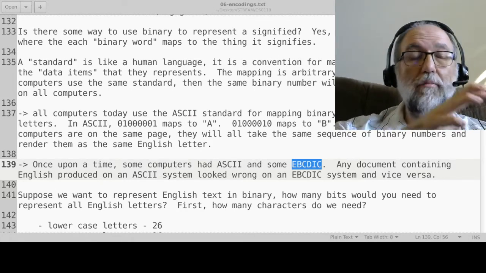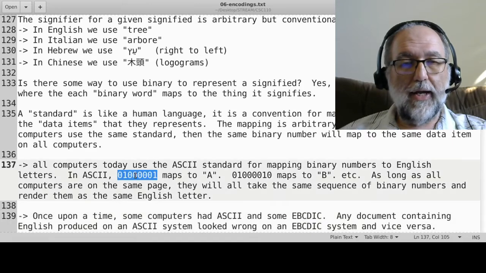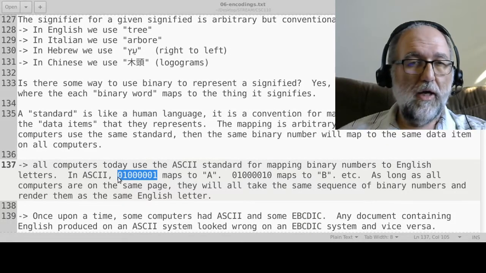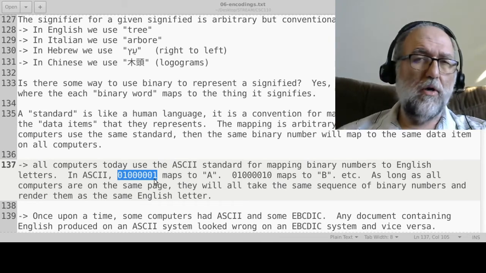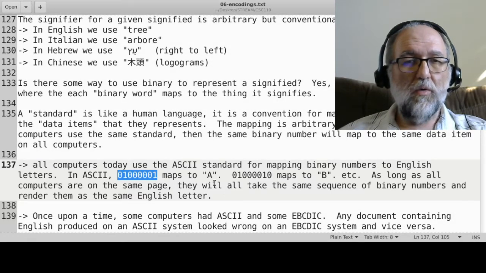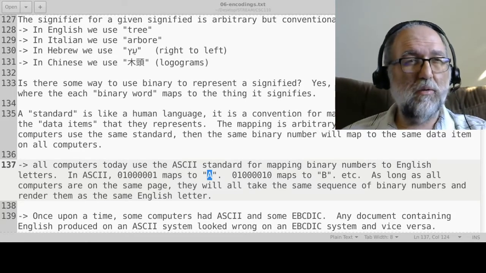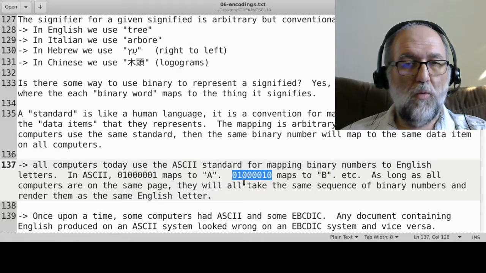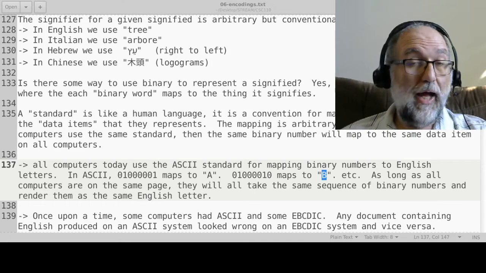That's because what looked like an A on one computer did not look like an A on another computer. Nowadays, and we're going to look a little bit at ASCII in a second, this sequence of ones and zeros, 0, 1, 0, 0, 0, 0, 0, 1, means the letter capital A. Every computer in the world today that sees this particular sequence will say, oh, I'm supposed to draw the letter A. And if it sees this other sequence, 0, 1, 0, 0, 0, 0, 1, 0, then every computer in the world says, oh, I'm supposed to draw the letter capital B, and so on.